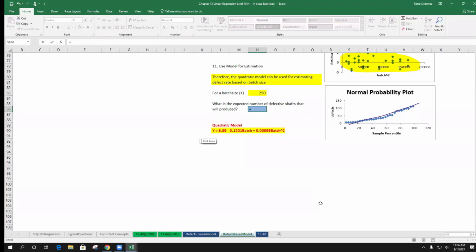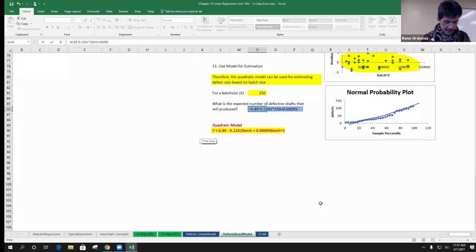Y equals 6.89 minus 0.1201 times 250, in parentheses, correct, plus 0.00095 times 250 squared. I'm missing a 2 there.